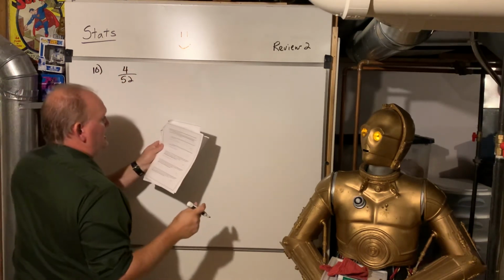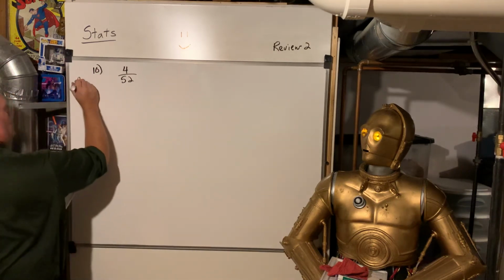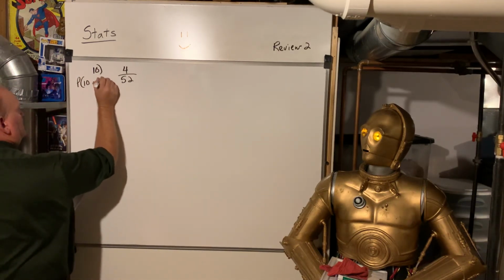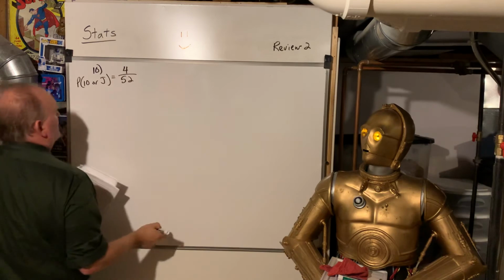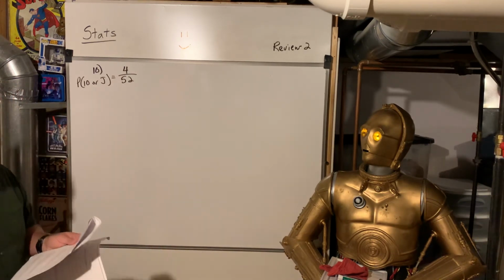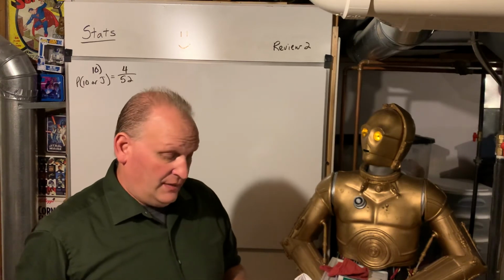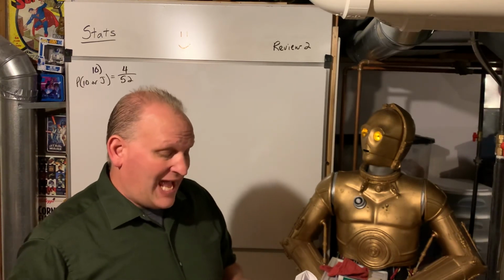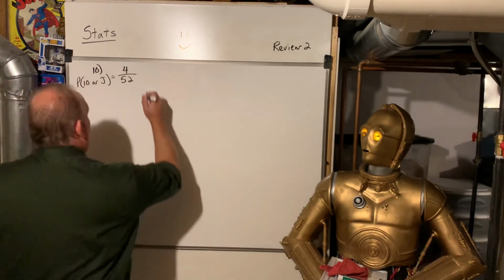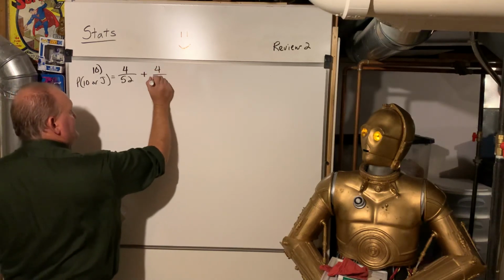Let's see, it says the probability of a 10 or a jack. So there are 4 10s in the deck, all the different suits: diamonds, hearts, spades, and clubs. And there's 4 jacks in the deck. So that would be plus 4/52.